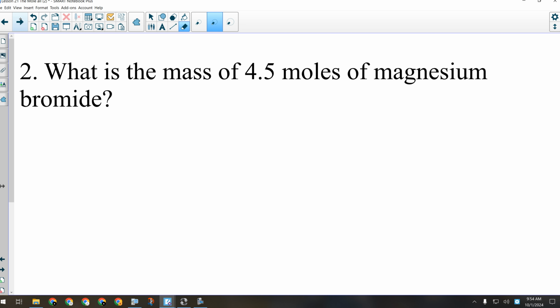All right, question number 2. Write that one down, guys. We're looking in this one for the mass of 4.5 moles of magnesium bromide.